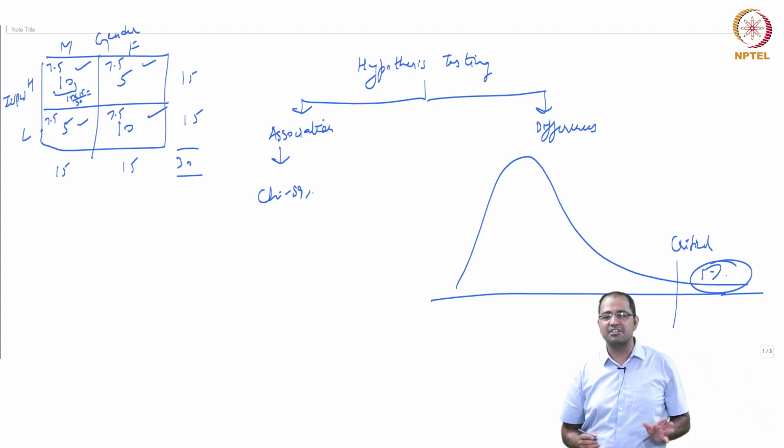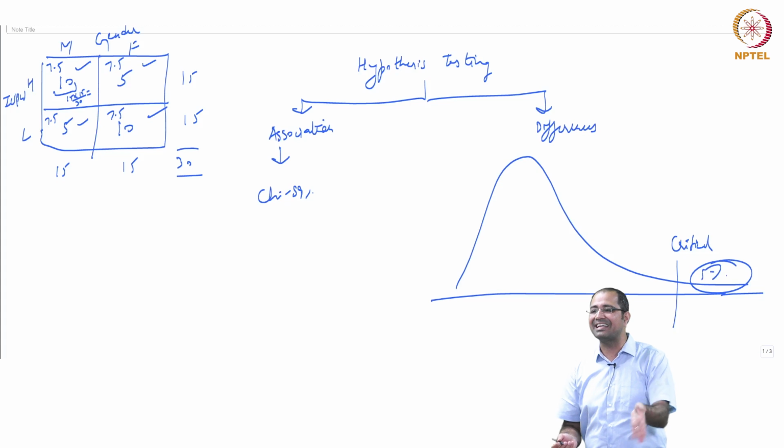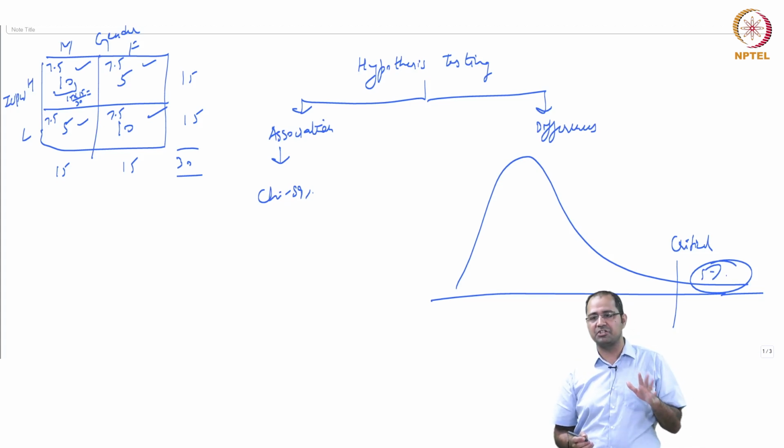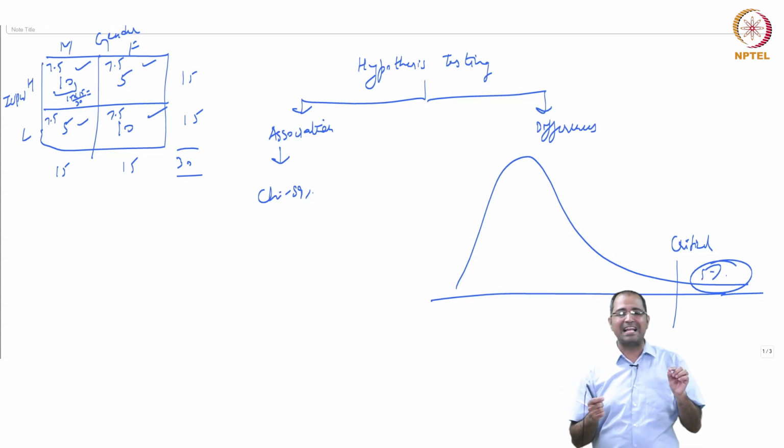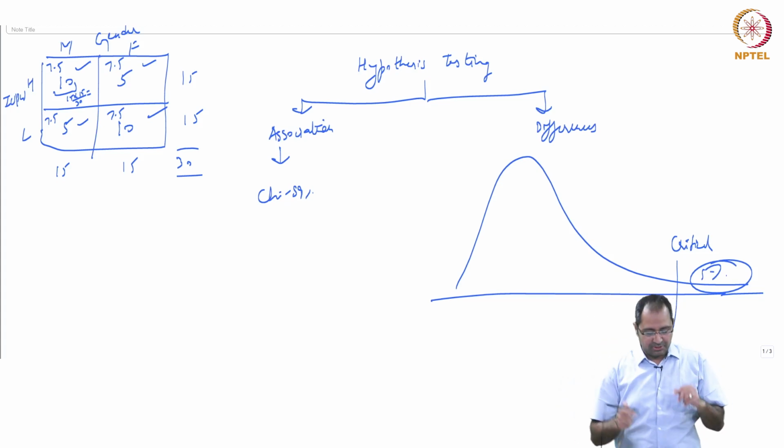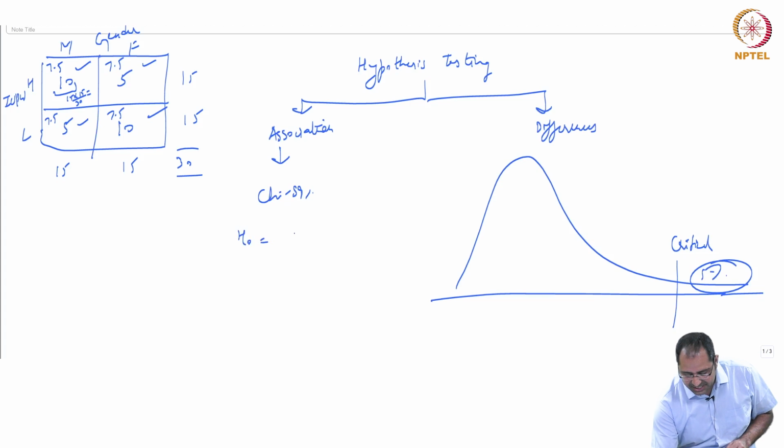This is what we get if there is no association. If the null hypothesis is true, then 7.5 should be the frequency in each cell. The null hypothesis is that there is no association, the alternate is that there is association.